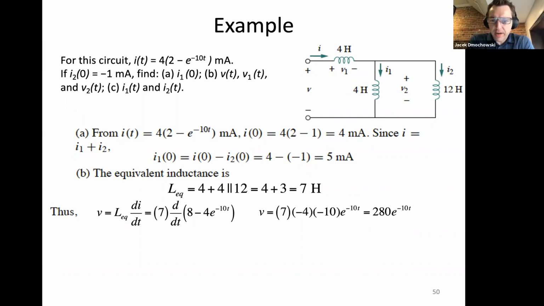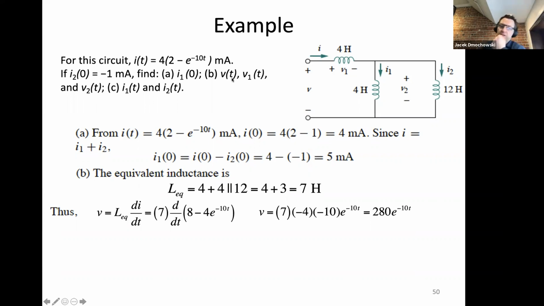That is correct, right? So it starts off high and ends up low. It ends up at 0. Notice that the current started out at 4 and ended up at 8, right? And the voltage starts out at 280 and goes to 0. So different dynamics for the voltage and the current here.